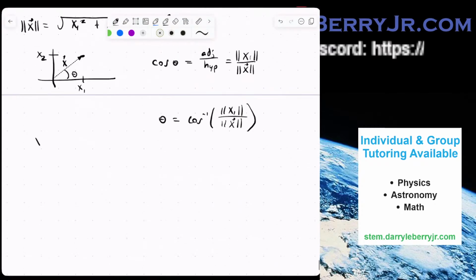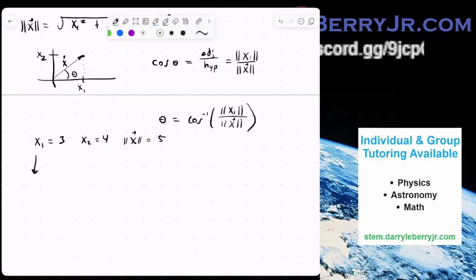Now let's say that x1 equals, so we know a 3, 4, 5 triangle. So let's say x1 equals 3 and x2 equals 4. So we know that the magnitude of x is going to equal 5.